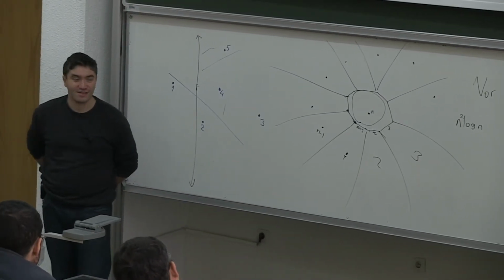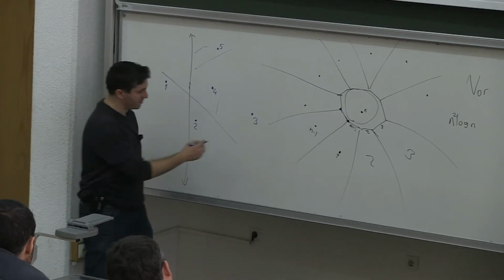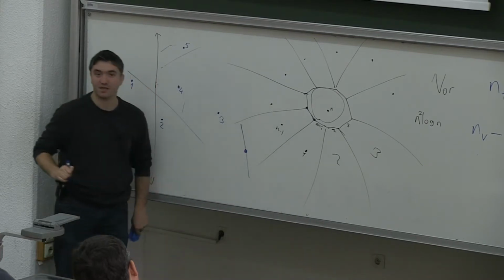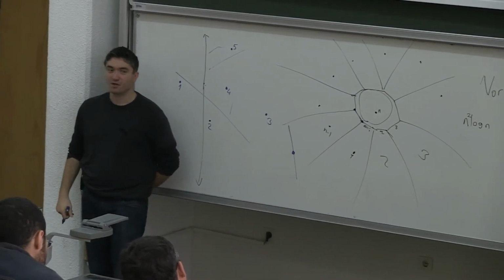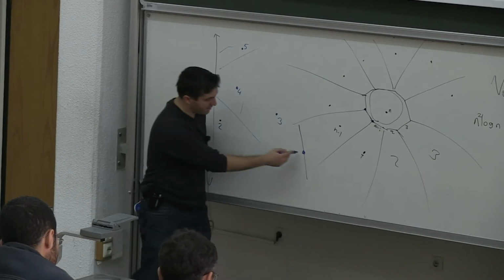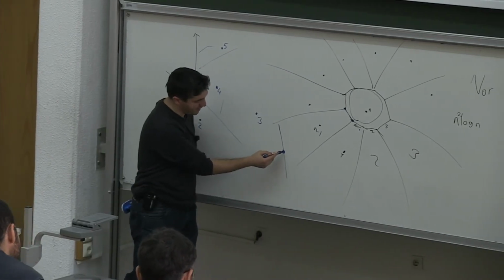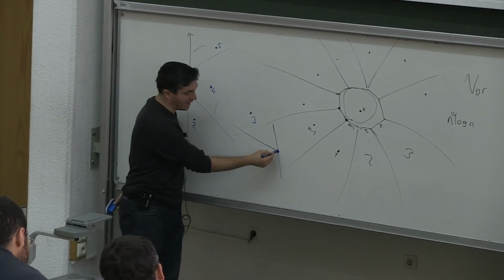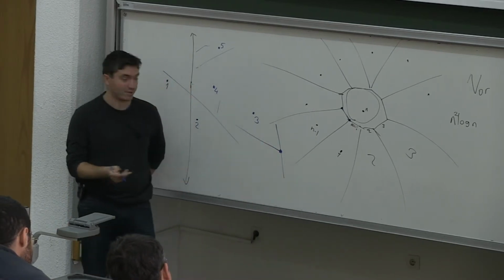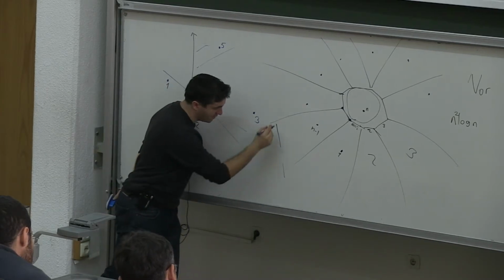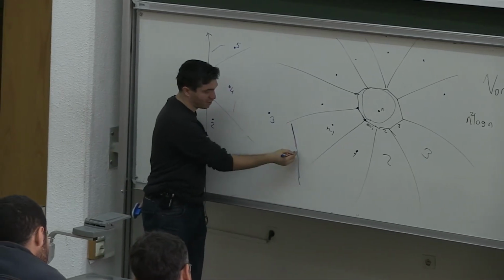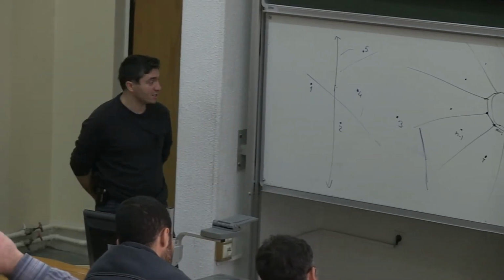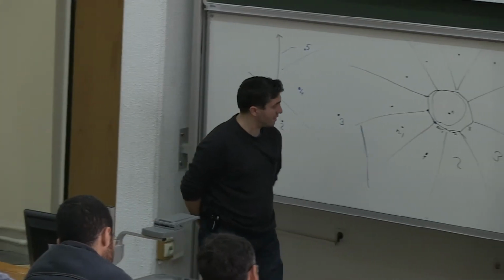We cannot have a vertex like this, because the reason there's a vertex in this Voronoi diagram is that there's another half plane that intersects at this point. Otherwise, this would be a single half line, and there would be no vertex here. So each vertex is incident to at least 3 edges.